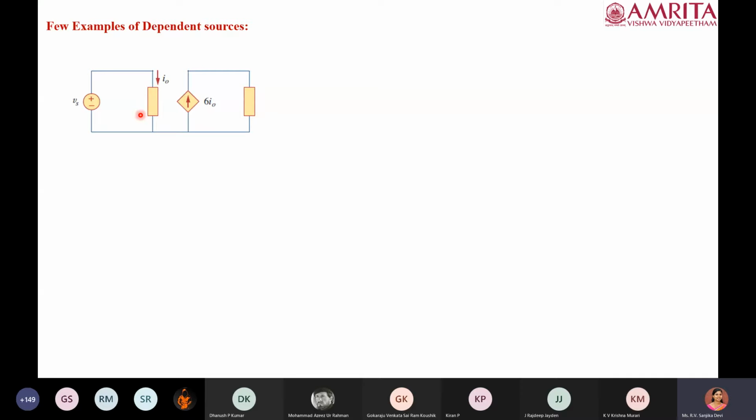So which one is correct? Is it voltage controlled or current controlled? Voltage, ma'am. Okay, students who are saying it is a voltage controlled current source, how do you justify your answer? Ma'am, it's actually a dependent current source. So it's a current controlled voltage source, ma'am. It's a current controlled current source.